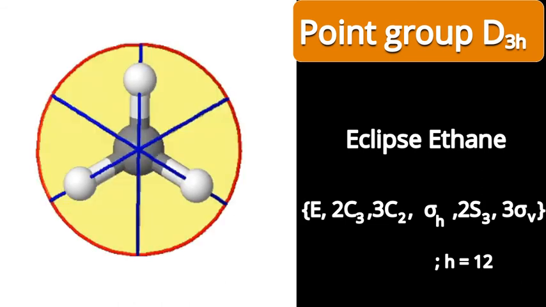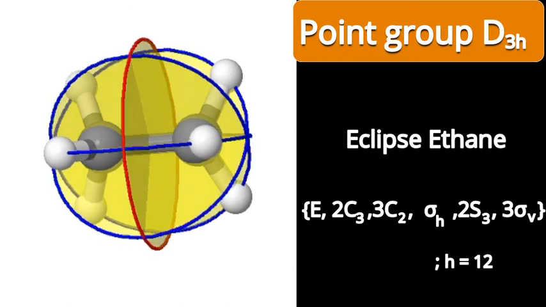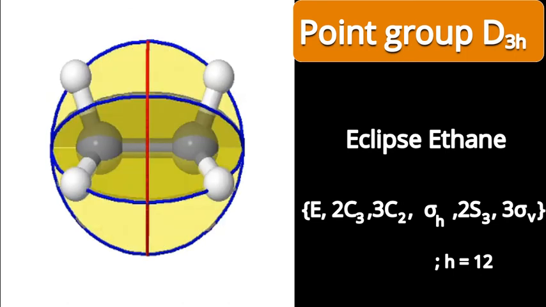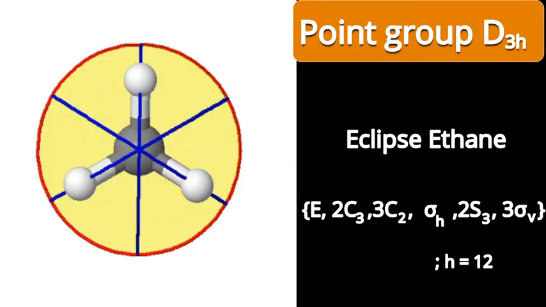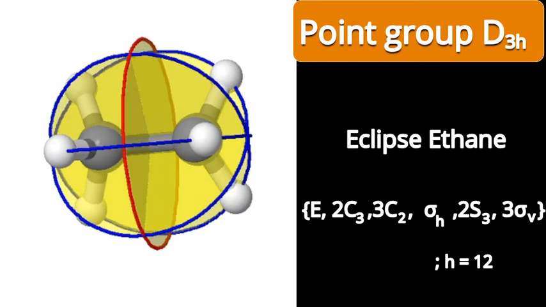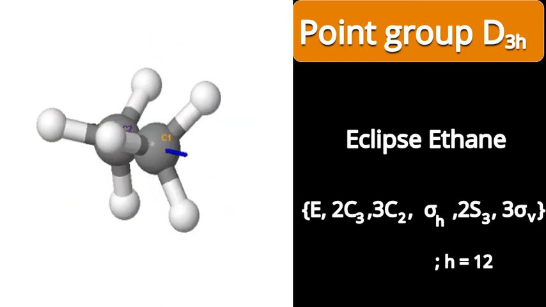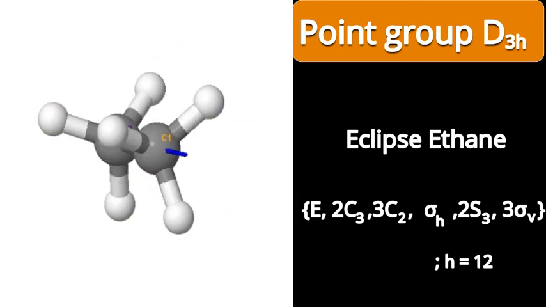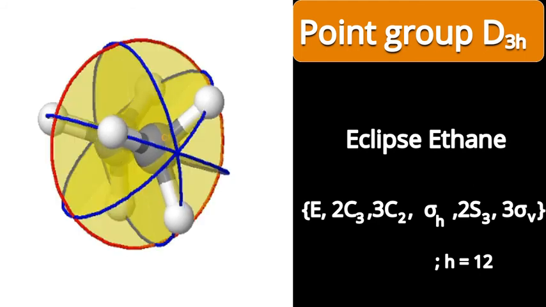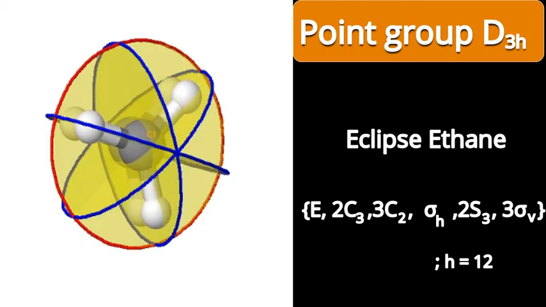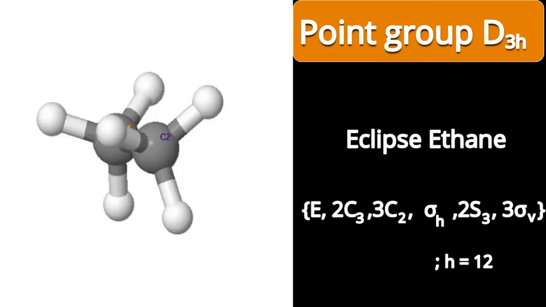There is a horizontal plane passing through the center of the line joining those two carbons, perpendicular to the carbon-carbon bond. This horizontal plane does not pass through any atom. Whatever the C3 axis is, itself is the S3 axis as usual, and around that S3 we can get two unique operations. Therefore I am writing here 2S3.